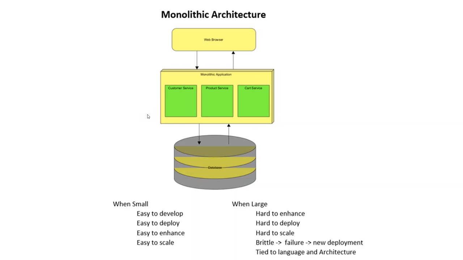What is the implication of having this, which is traditionally how applications are built? When the application is small, it is easy to develop, easy to deploy, easy to enhance, and easy to scale.